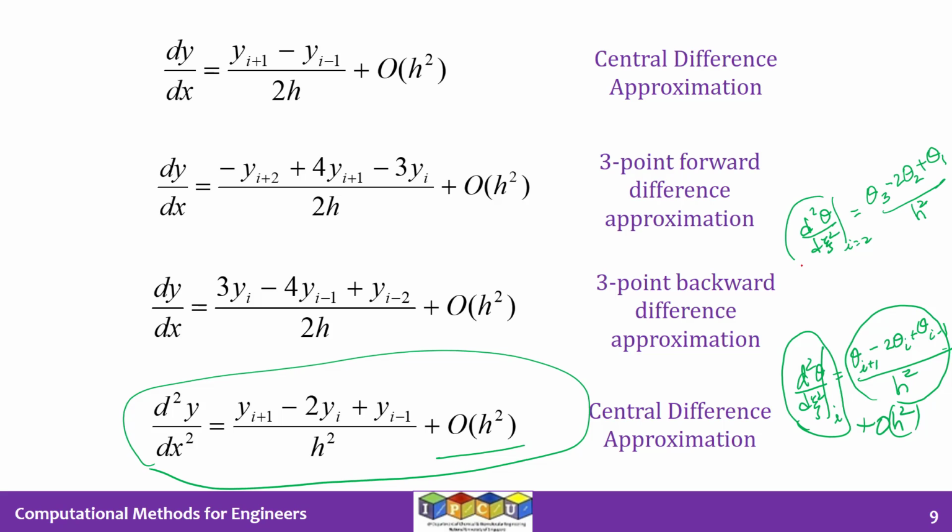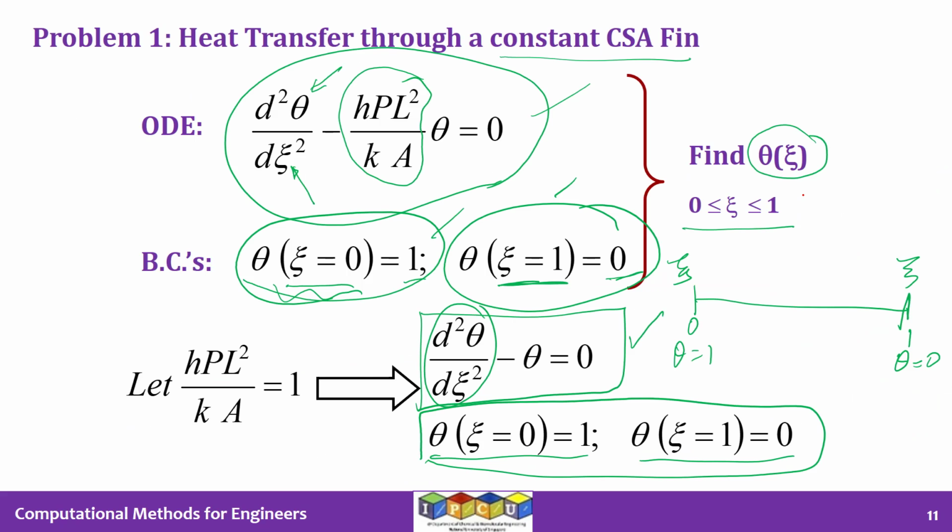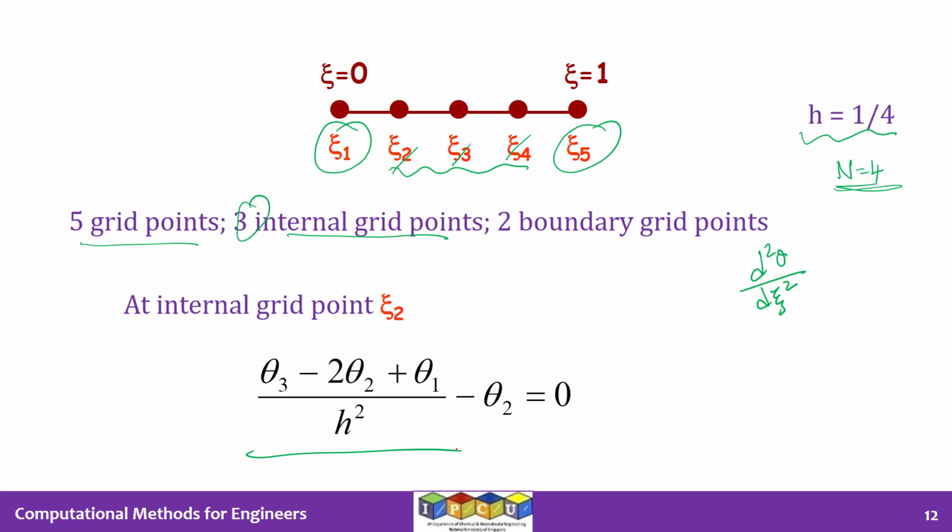That is what is going to be the replacement for d2 theta by d psi squared at I is equal to 2 at grid point psi 2. And that is what we have here for the second derivative.